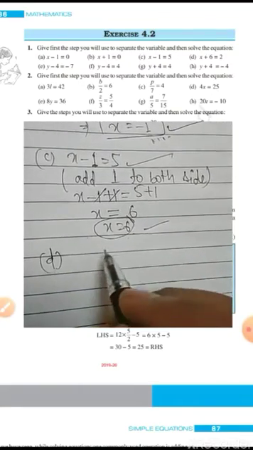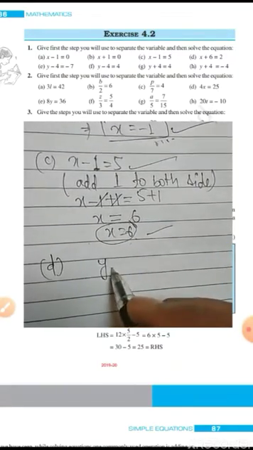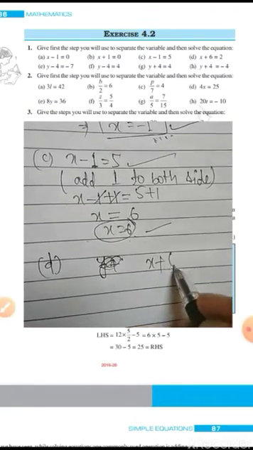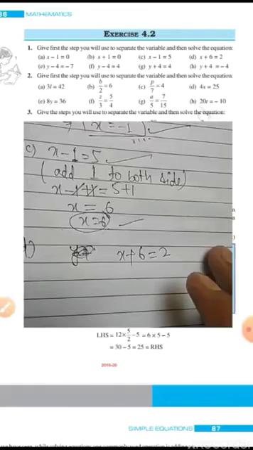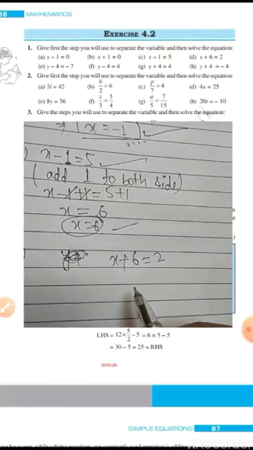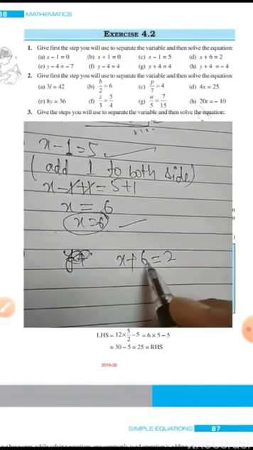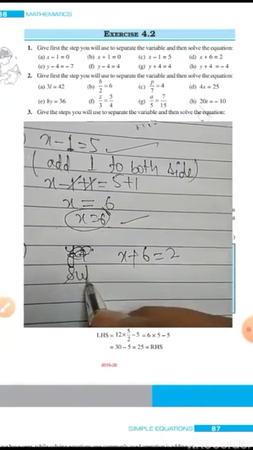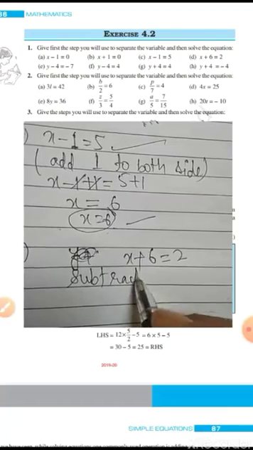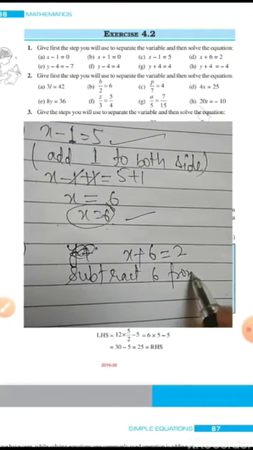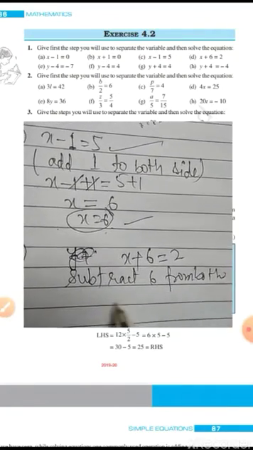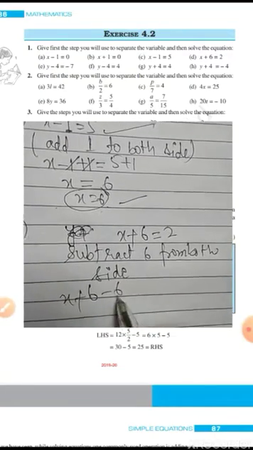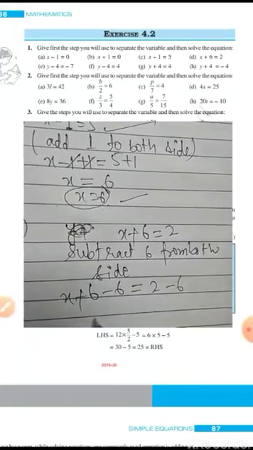Now D is x plus 6 is equal to 2. So what will you follow? First step, subtract 6 from both sides. x plus 6 minus 6 is equal to 2 minus 6.